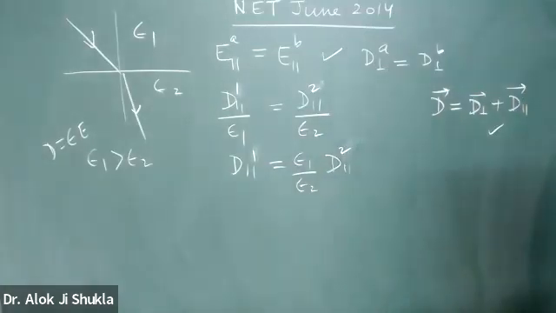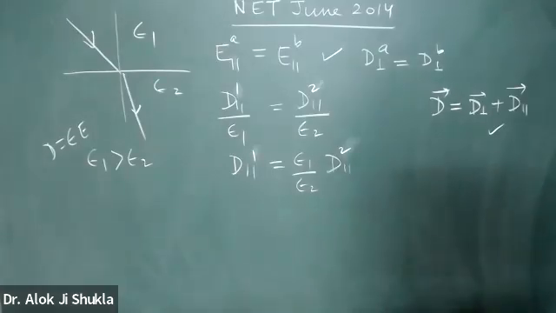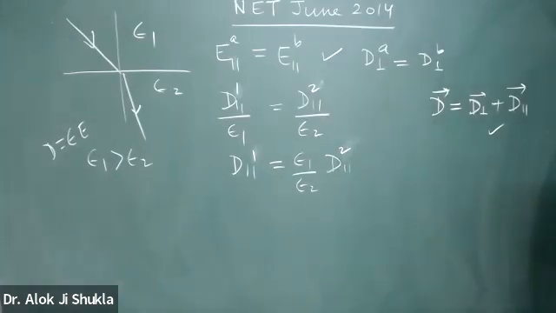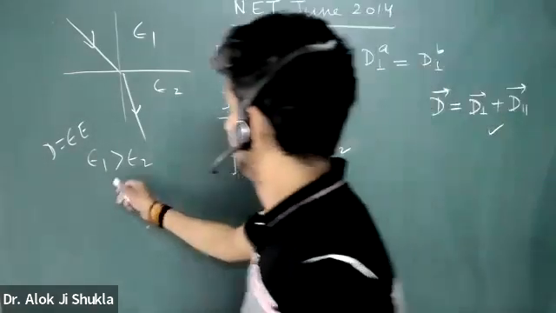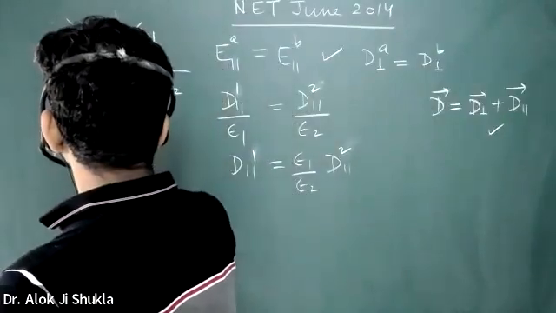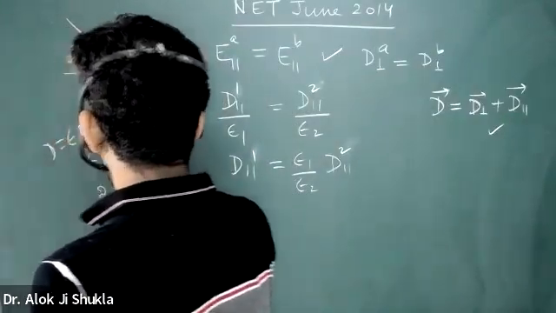Suppose epsilon 1 is 2 times epsilon 2, ऐसे समझो.